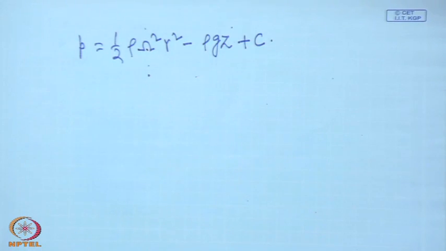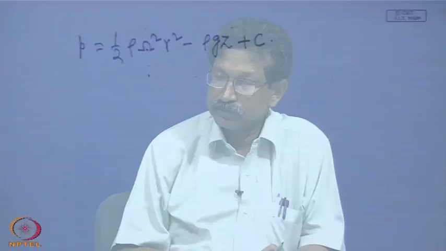Okay, what is C then? Above the free surface, again assume that it is atmospheric pressure. Is C then P A only, atmospheric pressure as before in the last class? Which Z?